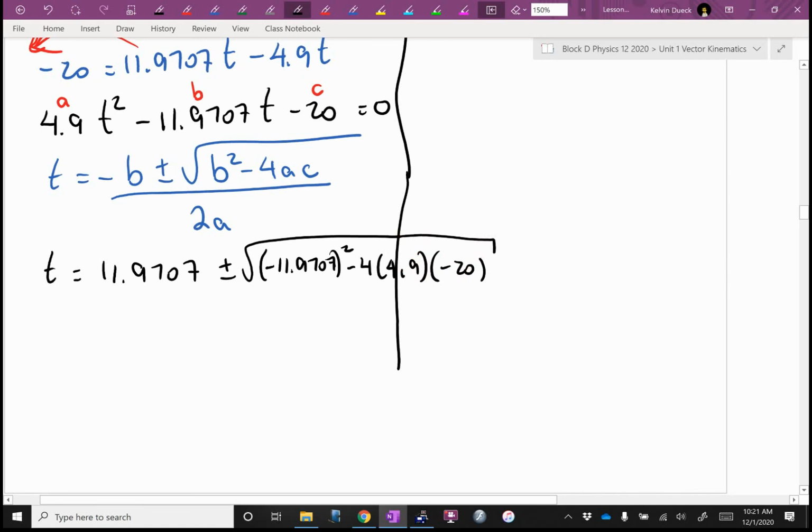I've got to cross the line there. All over. Hey, what is 2a? What is 2 times 4.9? You know what? I'll put the 9.8 there because that's a nice familiar number.